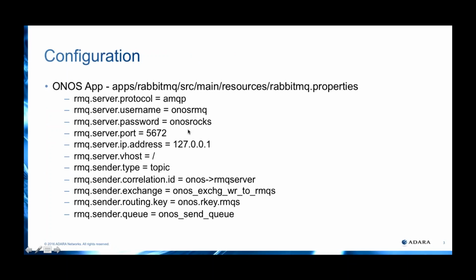We also have a properties file for this module, which tells the RabbitMQ module what RabbitMQ server it needs to talk to and what the credentials are. So we can change the properties file. The location of it is given here, and you can change these properties. These are the default properties that it is initialized with.